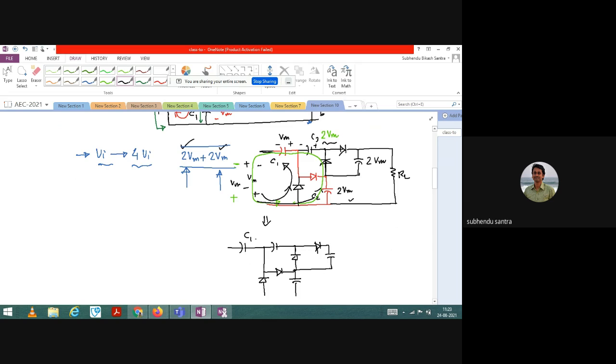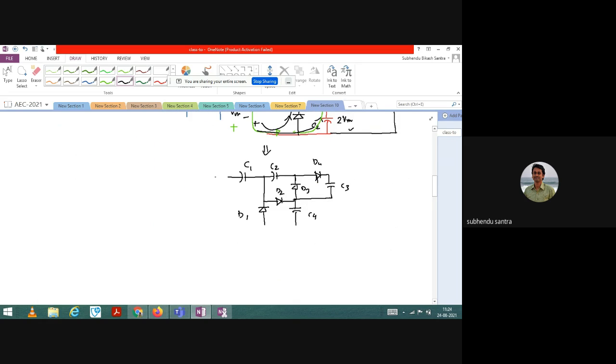Let us say this is C1, C2, C3, C4, and diodes D1, D2, D3, D4, and finally you have the input voltage here, and you have the load resistance here, RL.